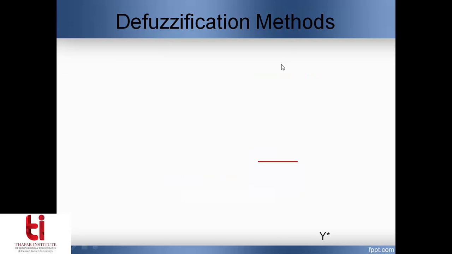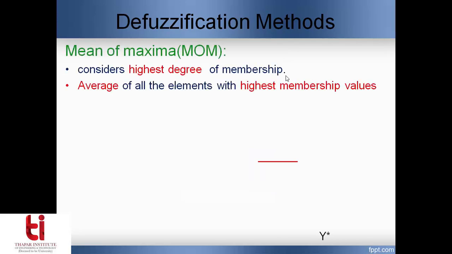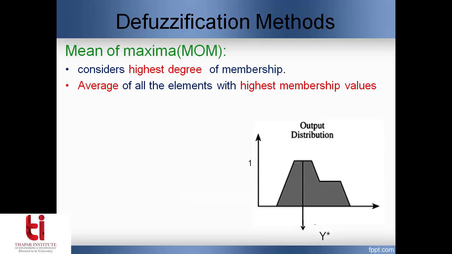Next we have the mean of maxima method. As it states, maxima is there, so it will cater to the highest degree of membership. But here, instead of a single element, I can take the average of all the elements with the highest membership value in my aggregated output.